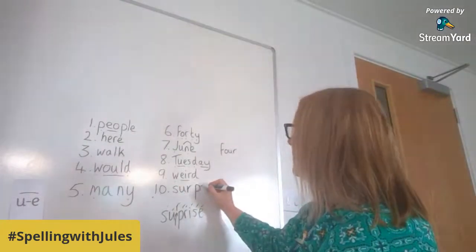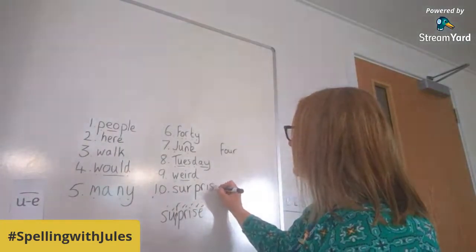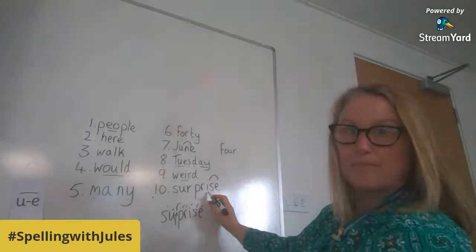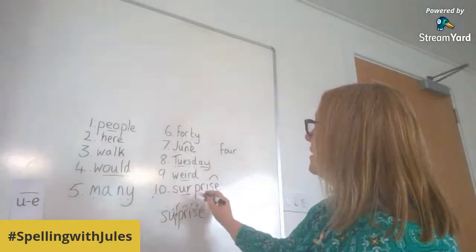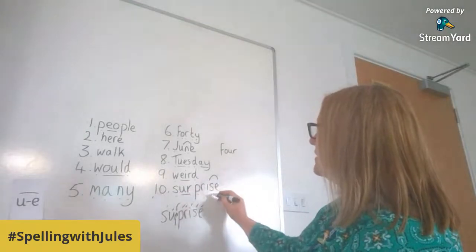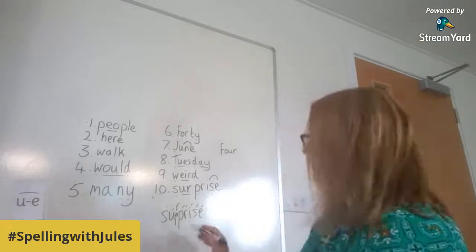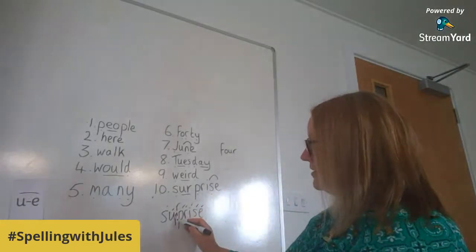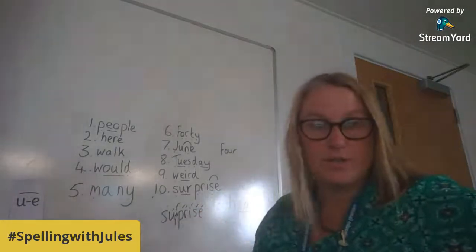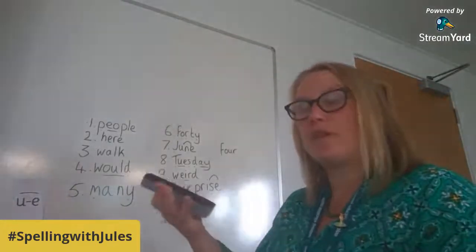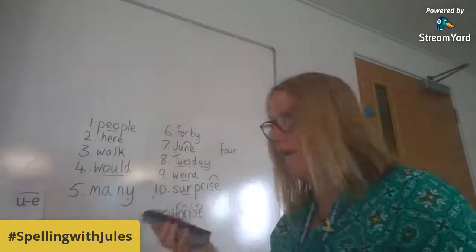Surprise. Okay, and that's got the split digraph with the I as well, hasn't it? Surprise. Okay, so if you've missed out the R, don't worry. I used to do the same. And it's because we say surprise, don't we? So we don't really say surprise.